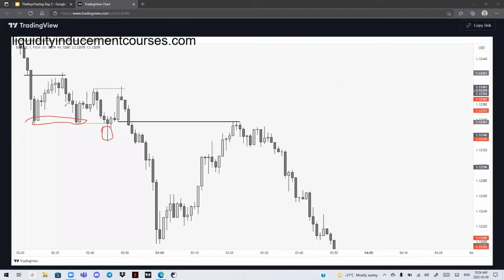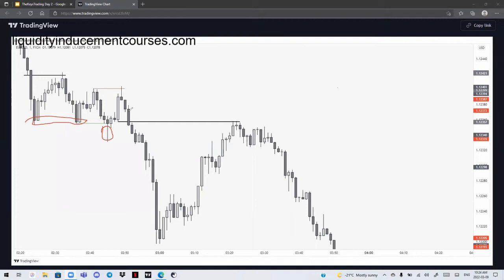By the way, this is exactly what I talked to you about. Here to here is the build up, and here to here is a build up. You just need to see a lot of candles around the same area in a range, pretty much. That's a build up.